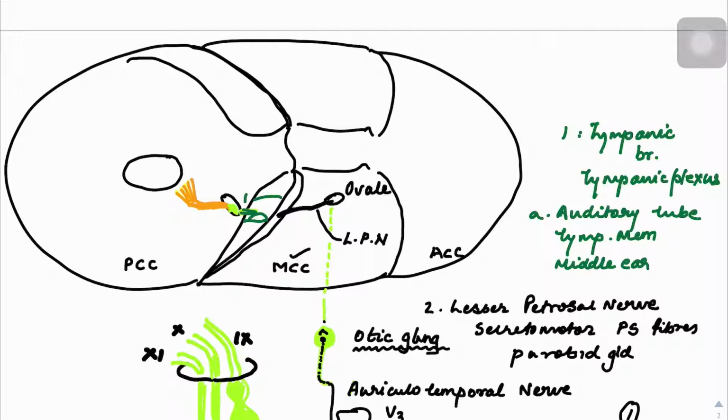From there it will take the help of auriculotemporal nerve, which is a mandibular division of the trigeminal nerve. It's a branch of mandibular division of the trigeminal nerve, which will reach the parotid gland. This component we call general visceral efferent component.